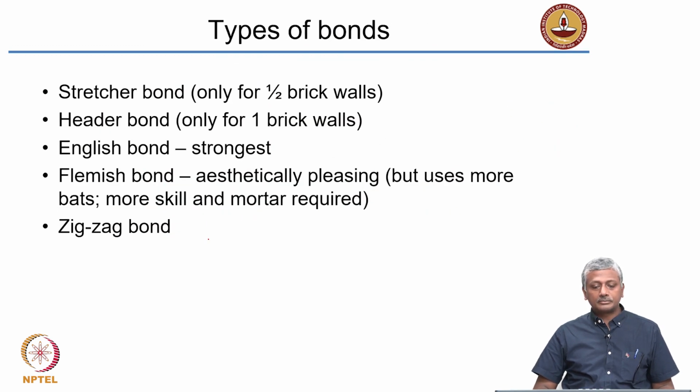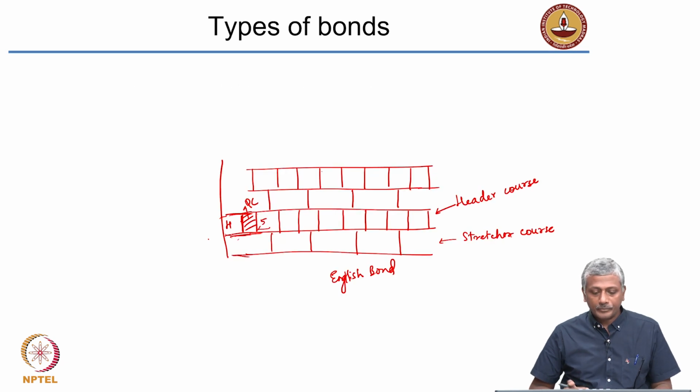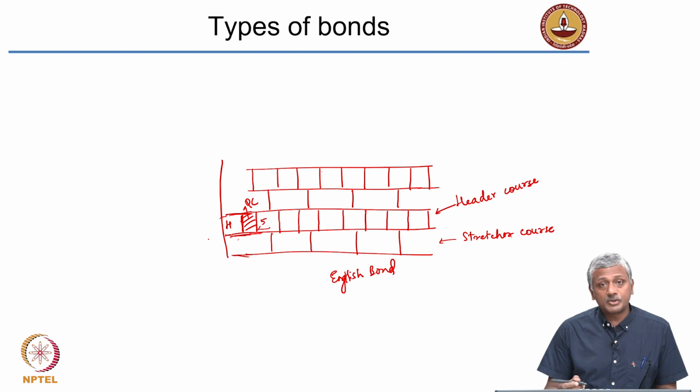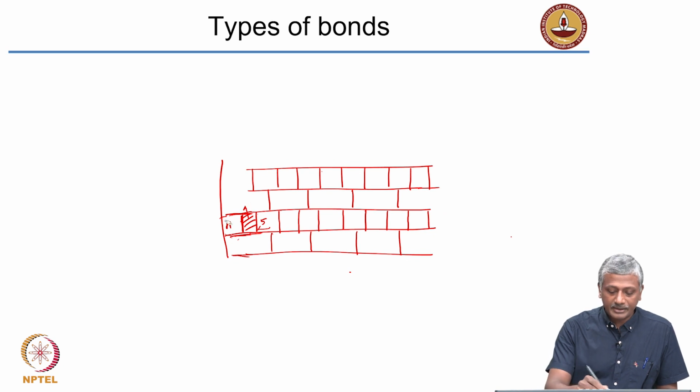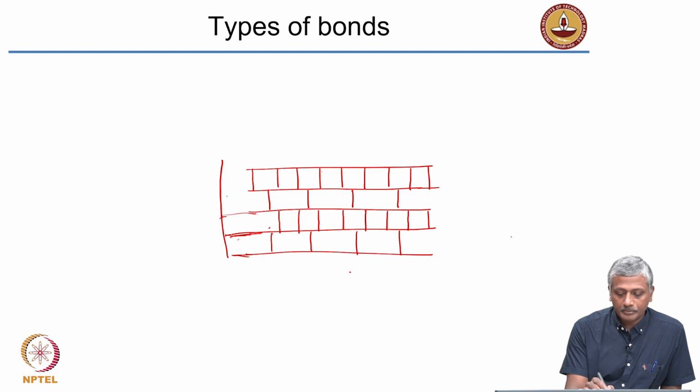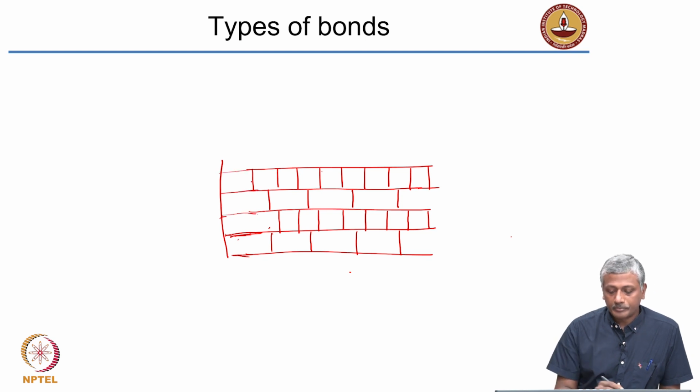Okay, so now if you consider the case of a Flemish bond, in that case we actually get each layer having a stretcher and a header. So let's again draw the same on the same arrangement. Okay.